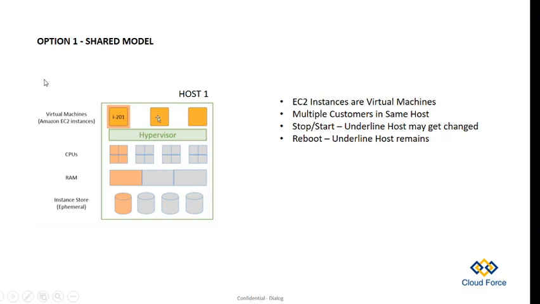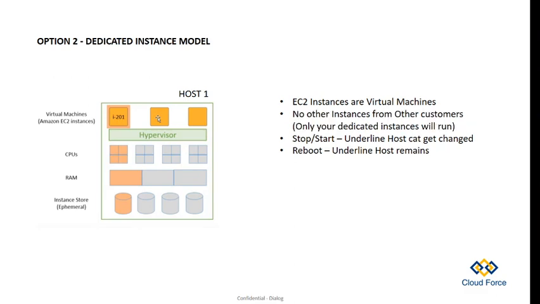Let's go to the second option, the dedicated instance model. What is dedicated? As with the shared model, EC2 instances are virtual machines. If you provision using the dedicated instance model, let's say your EC2 gets placed in host 1.